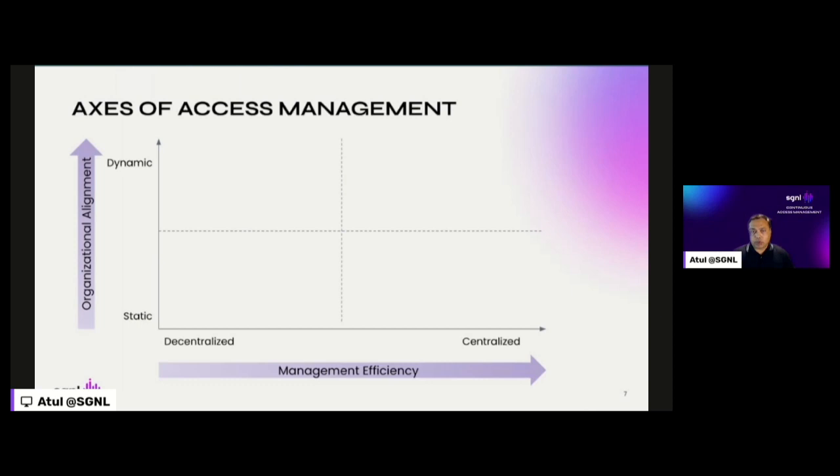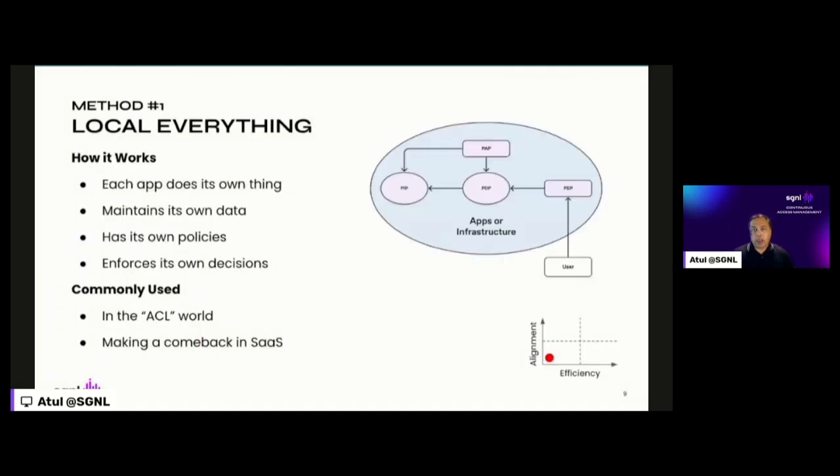As we go, you'll see how each one of the methodologies fits in. Now, the first one is local everything. This is a methodology that was in use before access management became a thing at an enterprise level, where pretty much every application did its own thing, and they didn't have any centralized administration or centralized policy decisioning or enforcement. Everything happens within the app.